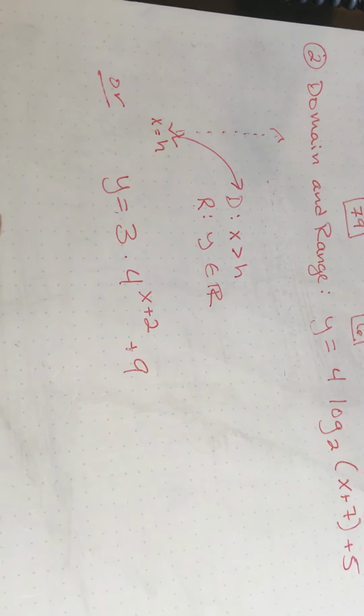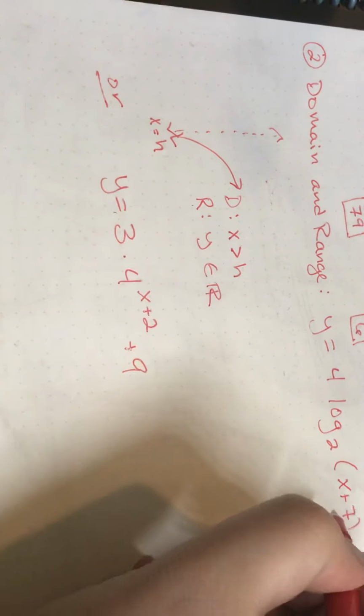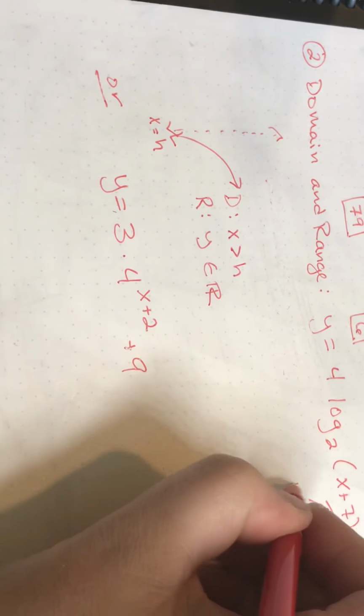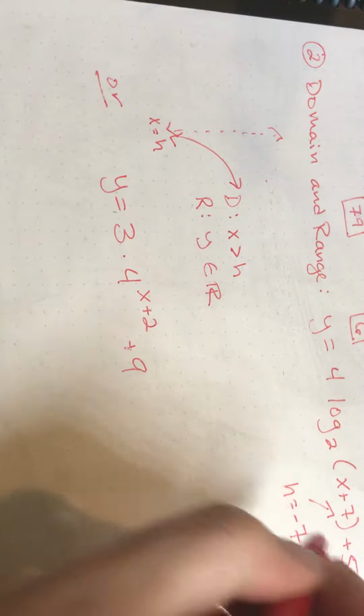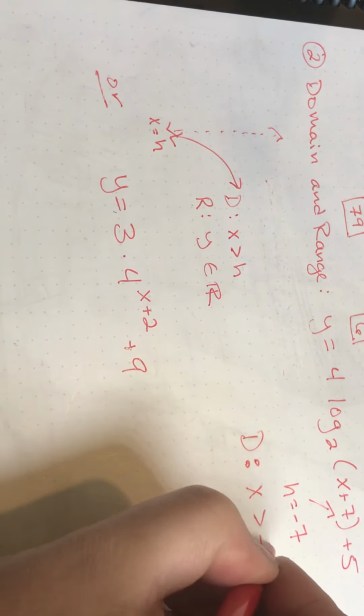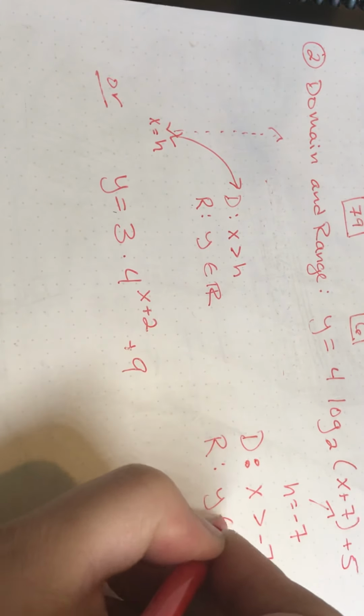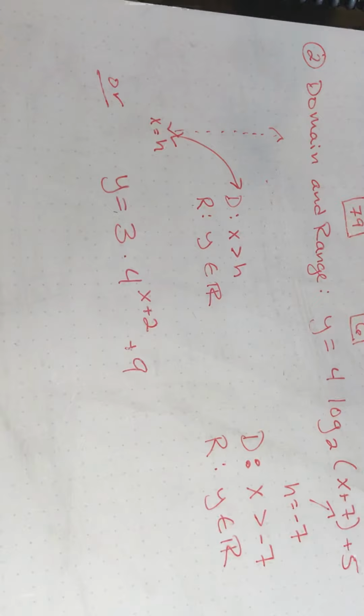For this particular function, we're looking for the h, which is -7. So my domain is x is greater than -7, and my range, y, is the set of all real numbers.